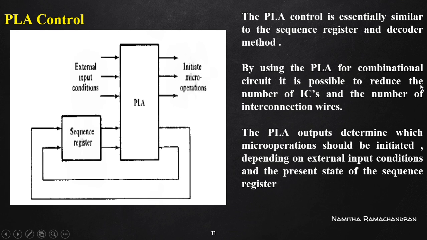By using the PLA for the combinational circuit, it is possible to reduce the number of ICs and the number of interconnection wires. So using this PLA circuit, we can reduce the circuitry needed for the implementation of our previous sequence register and decoder based method. We can reduce the circuitry requirement here.